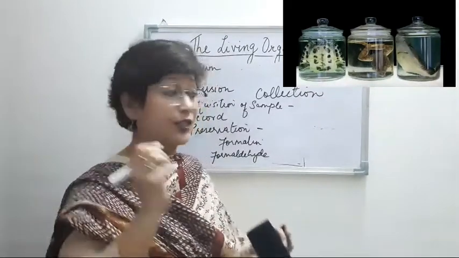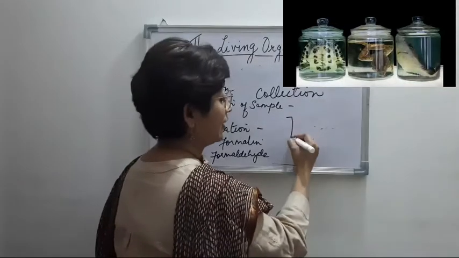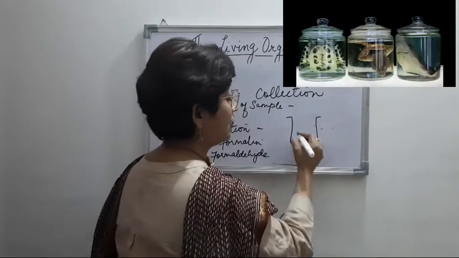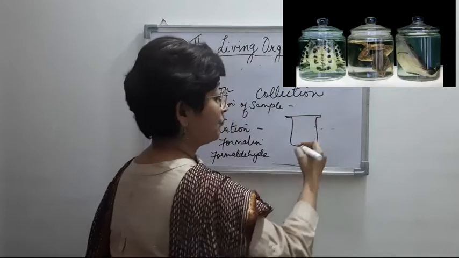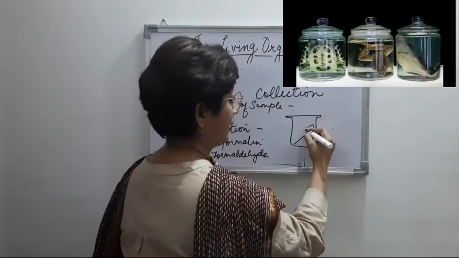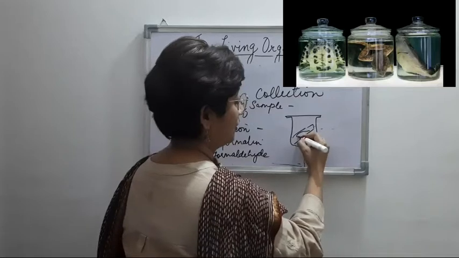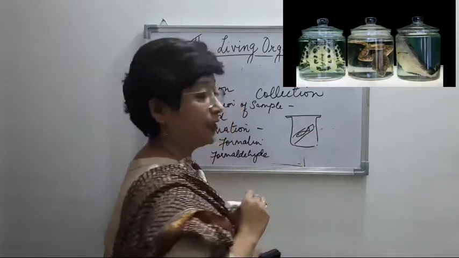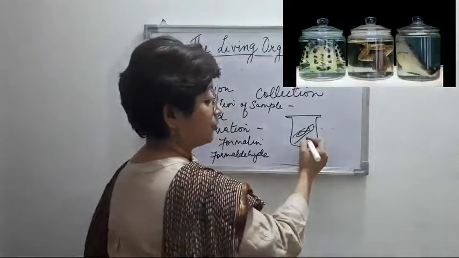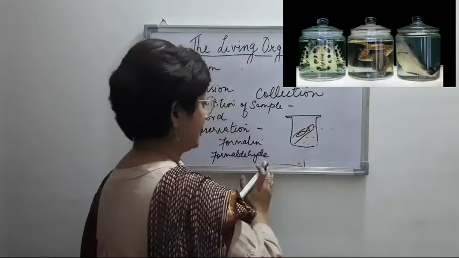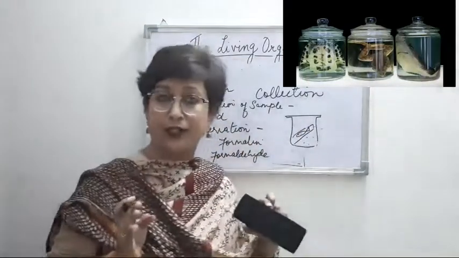Otherwise, like in the school laboratories, once you come back to the school, I'll take you to the laboratory, and you will see specimens preserved in jars, right? Let's say a fish is in the jar, all dipped in a liquid, and this liquid is formalin or formaldehyde, right?